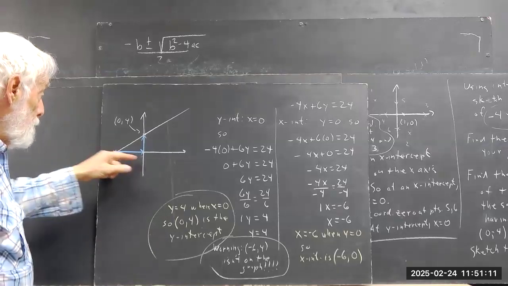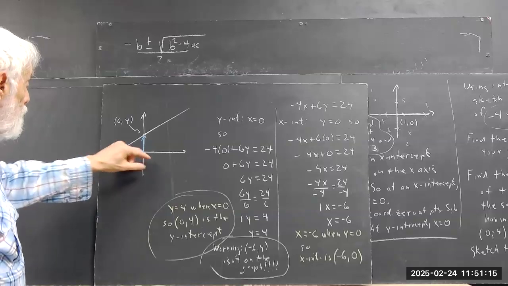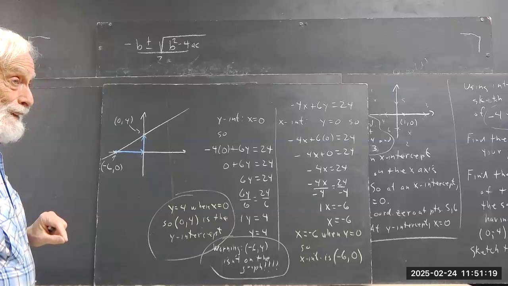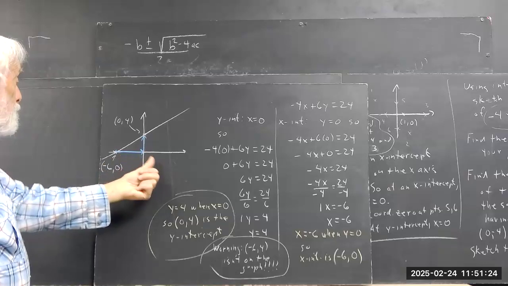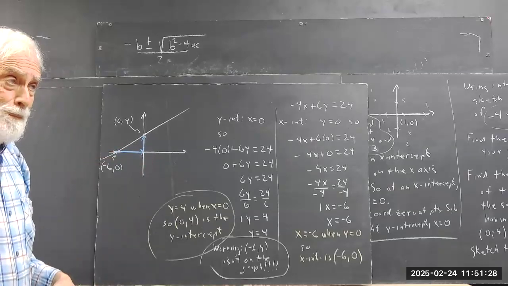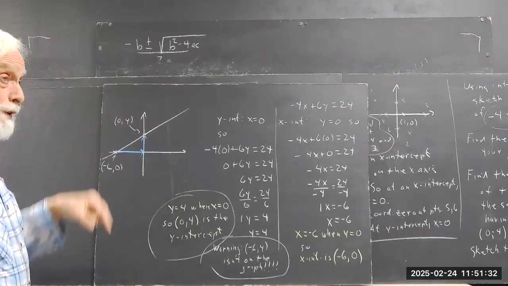We have a path from here to here. We don't draw this arrow going this way, and this arrow going this way, because that doesn't give us a path. If the arrow's going this way, we can't get from here to here. Does that make sense? This arrow tells us which way to go to start from this point and get to this point.